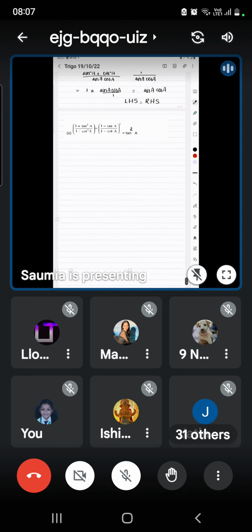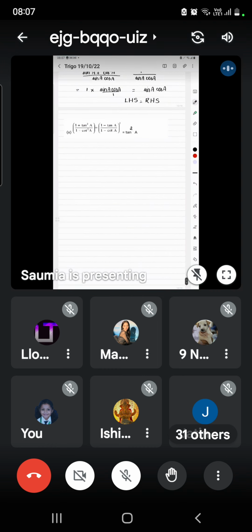We'll scroll to the 10th question. Now you all have to help me with this question. Let's try it together. If you see, there are three expressions that are to be proved equal.